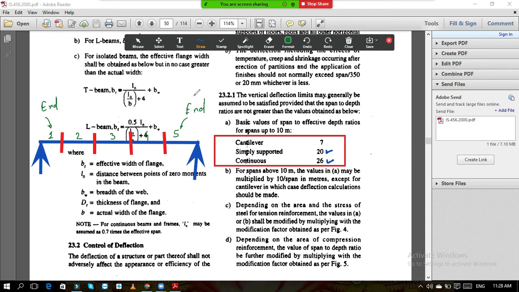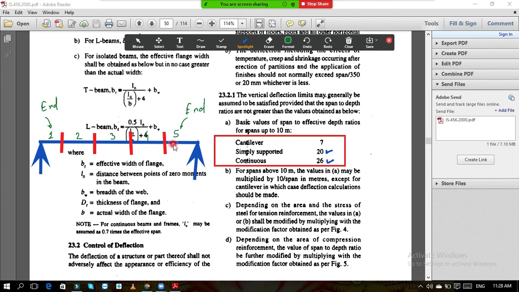Now in the problem they told you to design the end panel. Just think about this end panel. If you see the end panel, one end of the panel is continuous. If I consider panel number 5, then the left hand side of panel number 5 is continuous because after this panel 5, panel 4 will start.